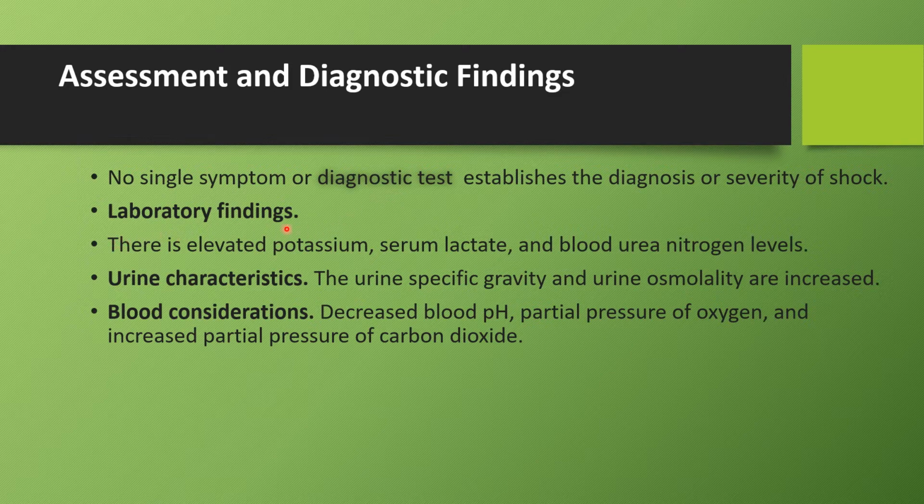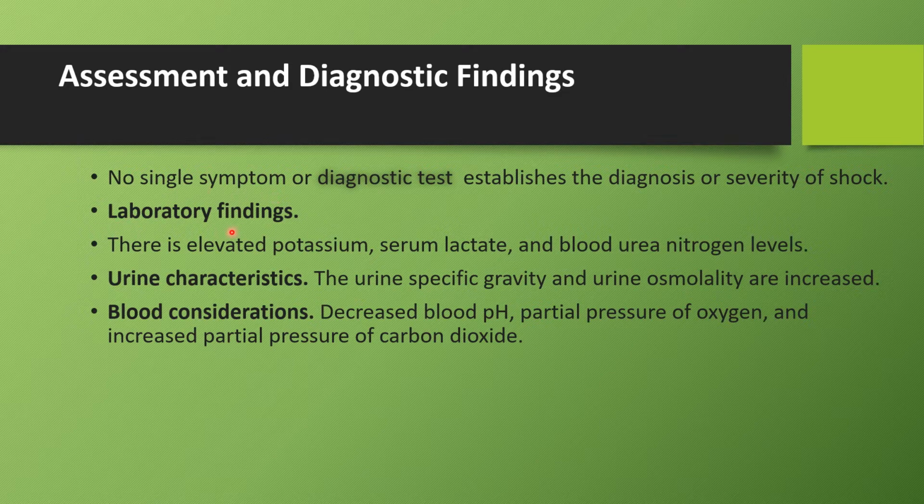So what are the symptoms? It depends upon the patient. They vary. Some patients have more symptoms in the GI, some patients have more symptoms in the skin. So it depends upon the signs and symptoms.